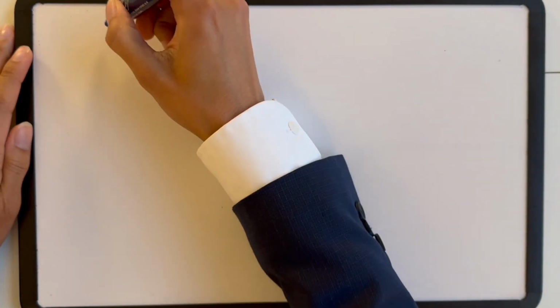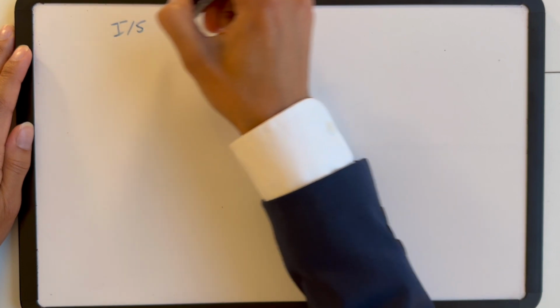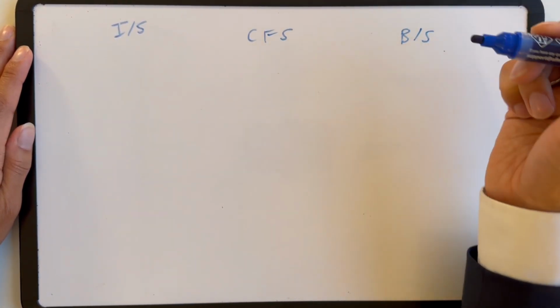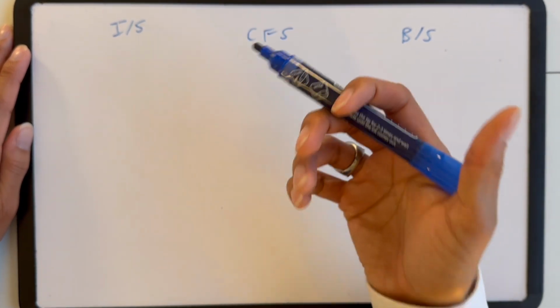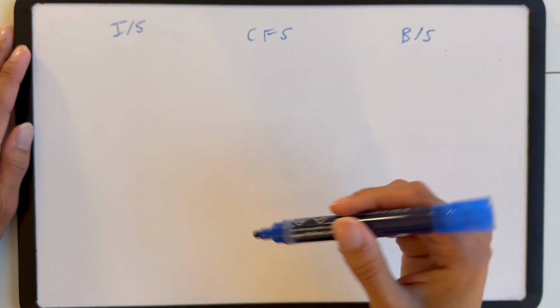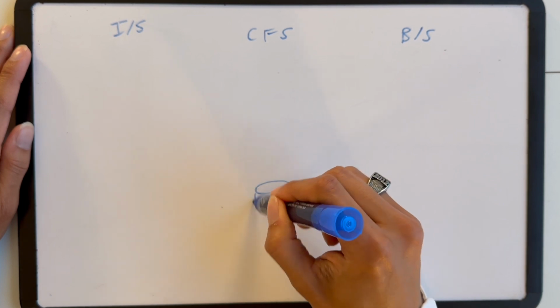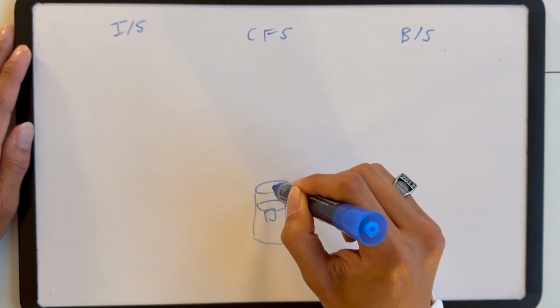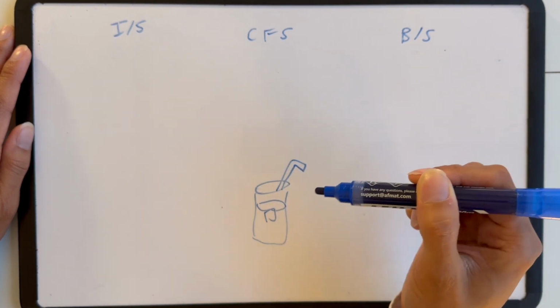Okay, so on our financial statements, we've got a couple of different ones: our income statement, our cash flow statement, and our balance sheet. Now, when a business incurs an expense, let's say there's a lemonade stand selling lemonade, and we're purchasing something like sugar to mix with our lemon juice and water.